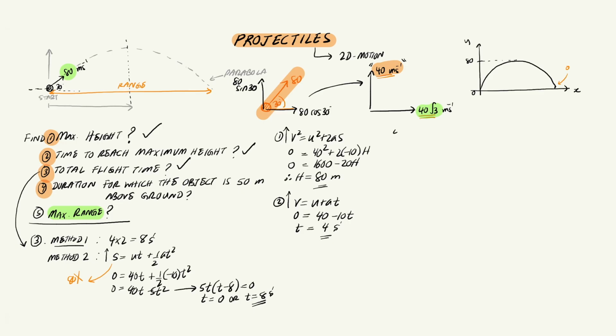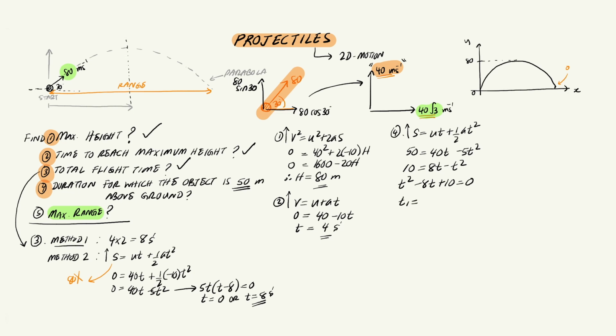For question 4, let's use s equals ut plus 1/2 at squared, applied vertically upward, with s being 50. So 50 equals 40t minus 5t squared. Divide everything by 5. 10 equals 8t minus t squared. This gives us a quadratic equation. T squared minus 8t plus 10 equals 0.